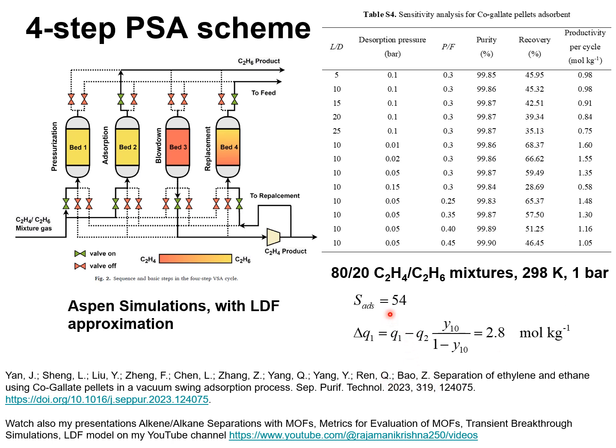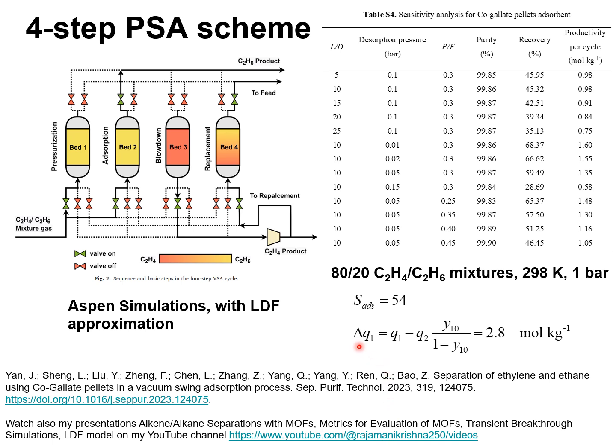The adsorption selectivity is 54, and the maximum productivity of purified ethene can be calculated from the IAST based on the shockwave model. And the shockwave model is discussed in my previous presentations on my YouTube channel, also in my published papers.